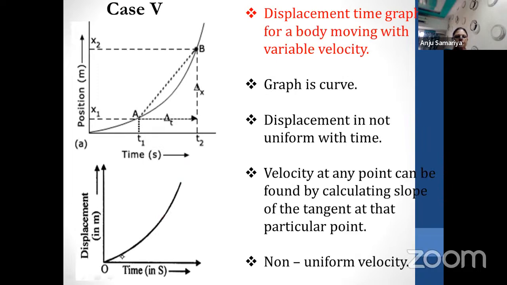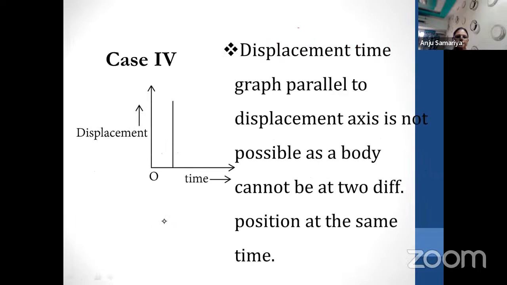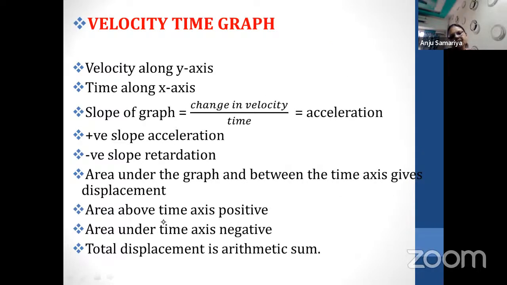This is the graph with the variable displacement, not uniform displacement. Now, velocity time graph. So velocity is taken along the y-axis, time is taken along the x-axis, in a similar manner. And here the slope will give the change in velocity upon time.